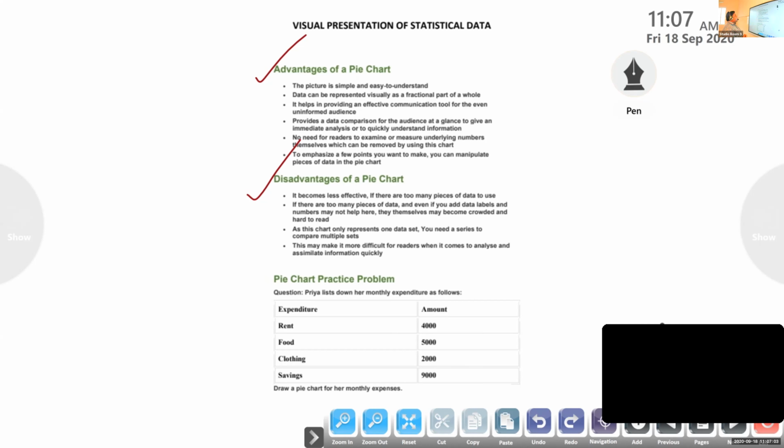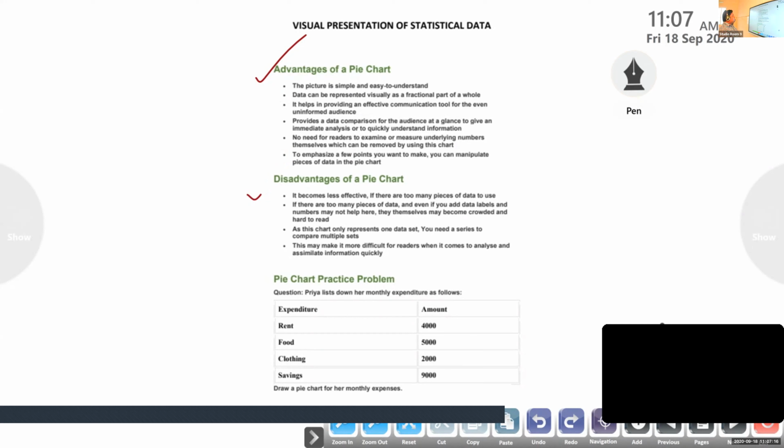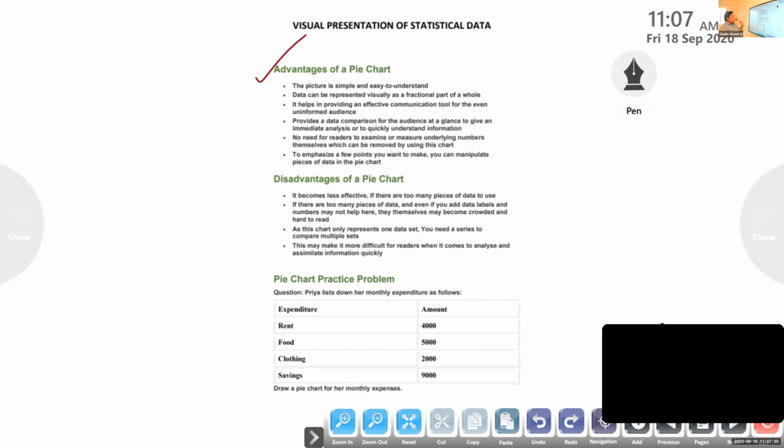It provides data comparison for the audience at a glance, to give an immediate analysis or quickly understand information. So people can easily analyze and compare different sets of data by observing a pie chart. No need for readers to examine or measure underlying numbers themselves, which can be removed by using this chart. So no numbers are required basically to understand the difference between different sets of data or different slices, because numbers are not that necessary.